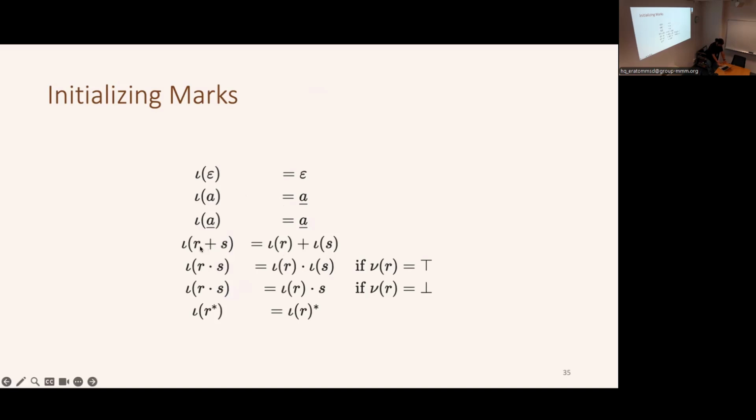With union, it's simple. We mark the initial places in both. With star, we mark the initial places under the star. And here is the case for concatenation. If R allowed the empty string, then we would have to mark the initial positions in S and the initial positions in R. If it didn't allow the empty string, then we only mark the initial positions in R.